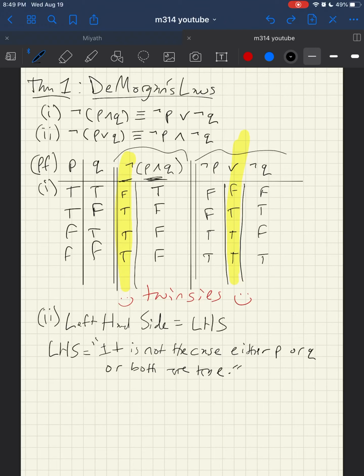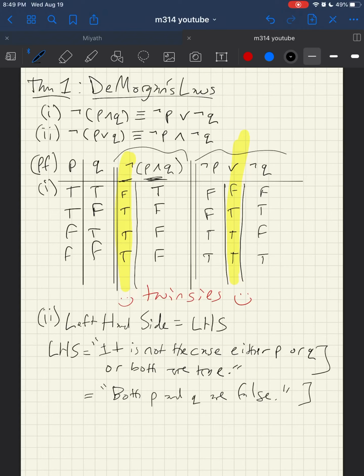So if I'm saying neither P can be true, nor Q can be true, nor both can be true, that's just the same as saying both are false. So both P and Q are false, right? We're just translating this stilted English sentence into a slightly more concise English sentence.